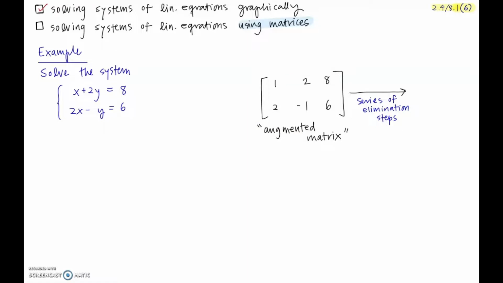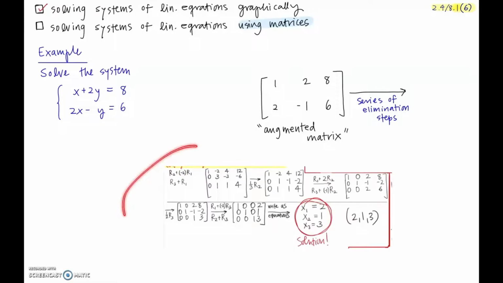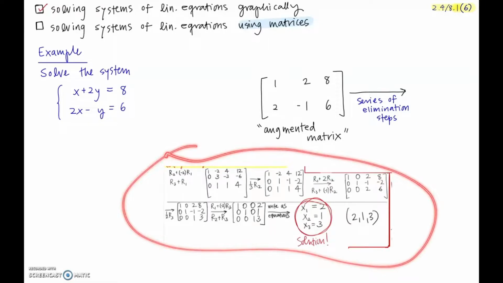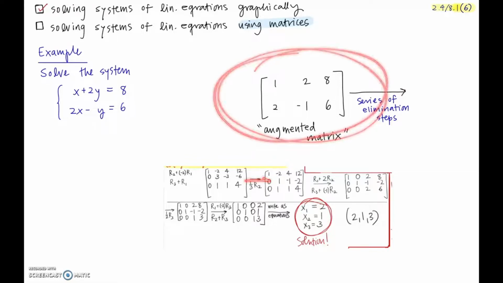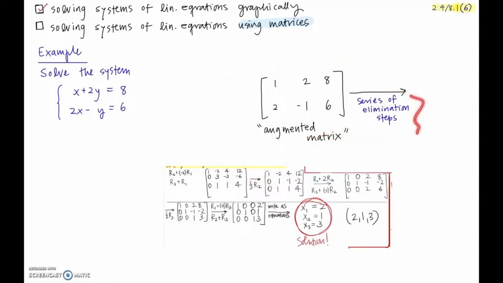At this point, I'm going to pause and show you exactly what those elimination steps mean. I've taken some work from a different problem to show you some of the steps involved. We're taking this thing called a matrix, and we're going to put it through a bunch of elimination steps.